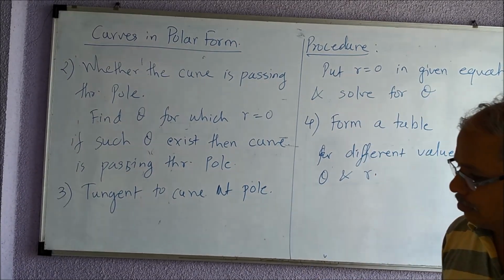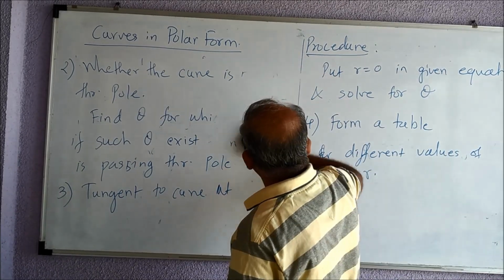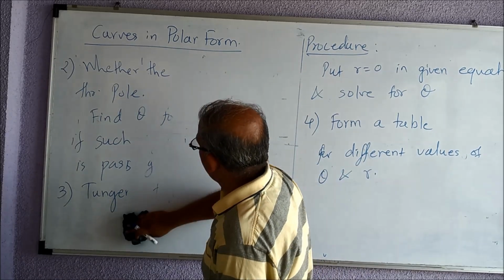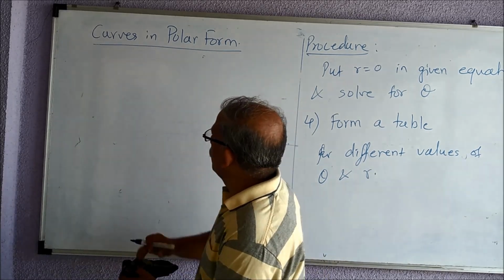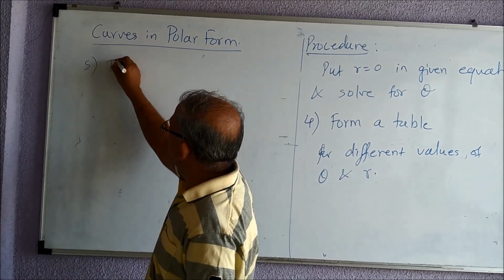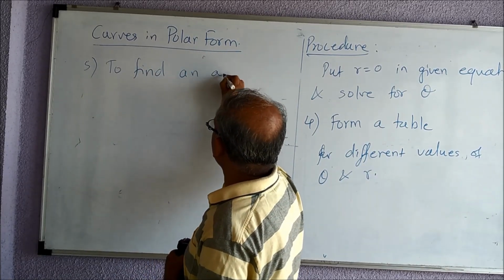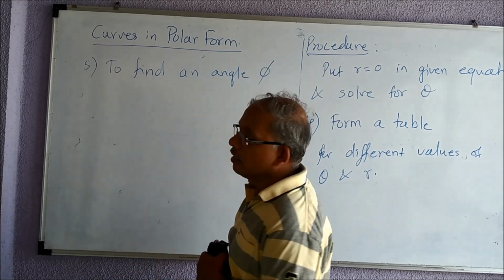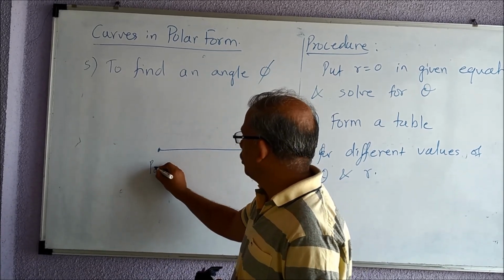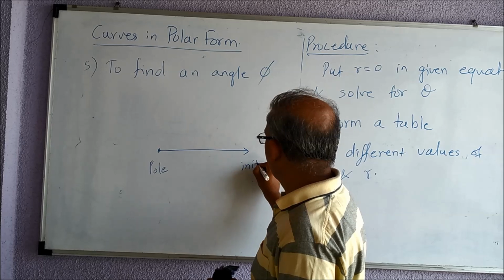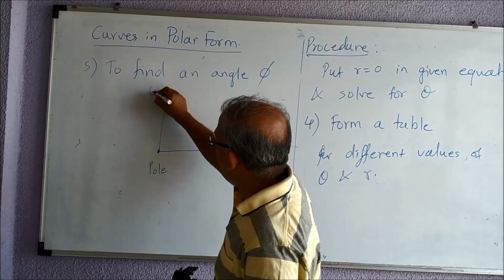Another thing we sometimes require is to find the angle phi. What is this angle exactly? This is your pole, this is the initial line, and this is the theta equal to pi by 2 line.